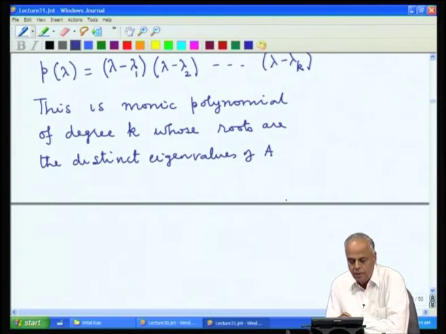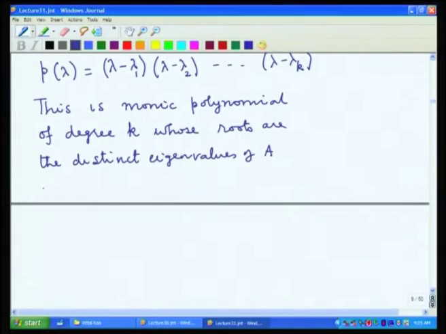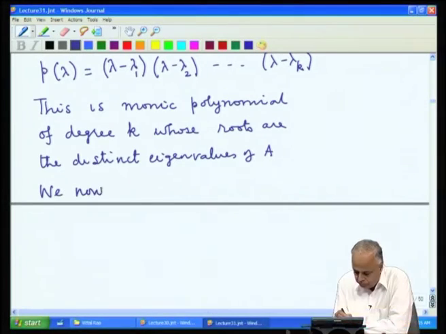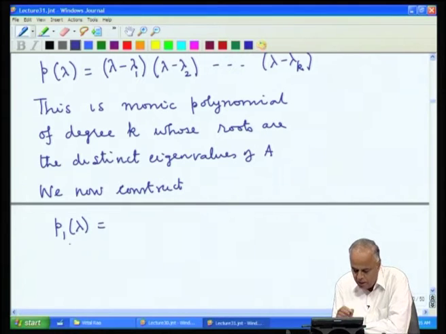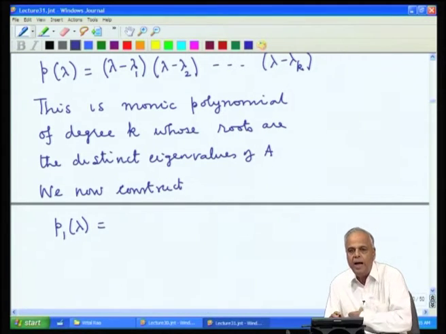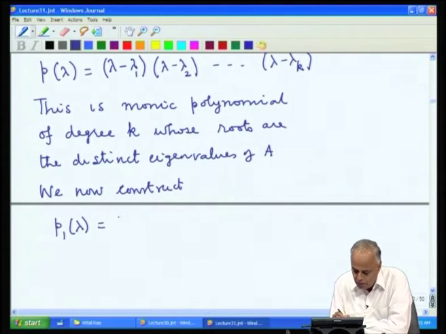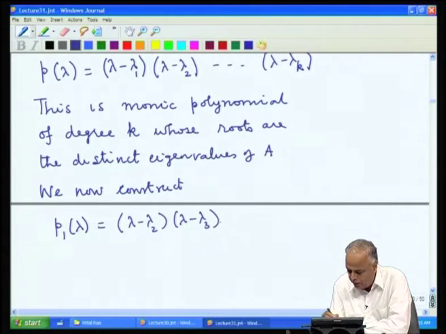Now, what we do is construct a lower degree polynomial by removing one factor of these k factors at a time. For example, we now construct p 1 lambda. When I say 1, I mean from p lambda remove the first factor. So, what do you get? We do not get lambda minus lambda 1. So, we get lambda minus lambda 2, lambda minus lambda 3, ..., lambda minus lambda k.